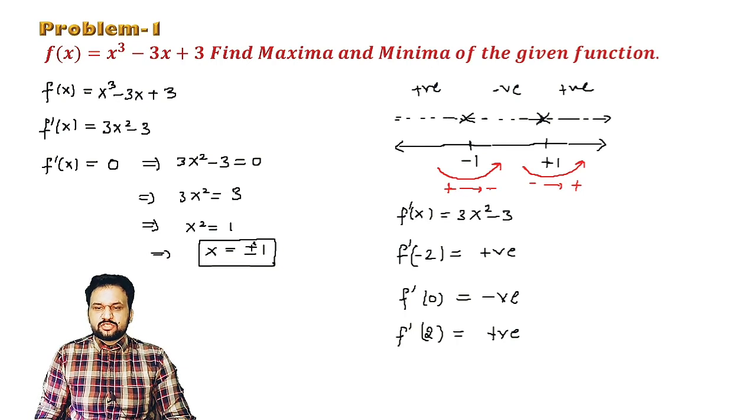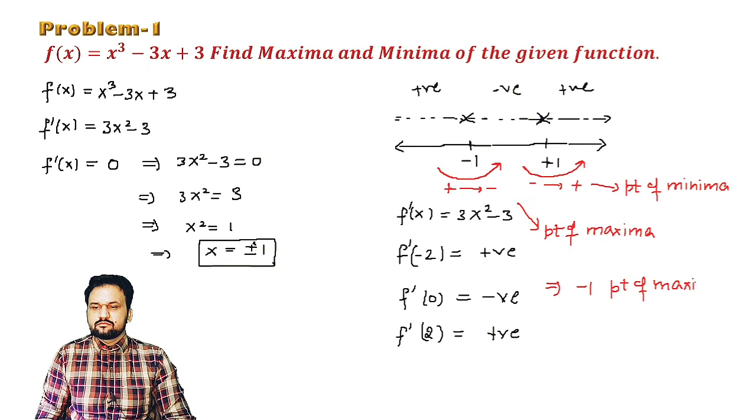If you get positive to negative, it means it's a point of maximum. And if negative to positive, it is known as a point of minima. Clear? So by this relation, -1 is the point of maxima, and 1 is the point of minima.